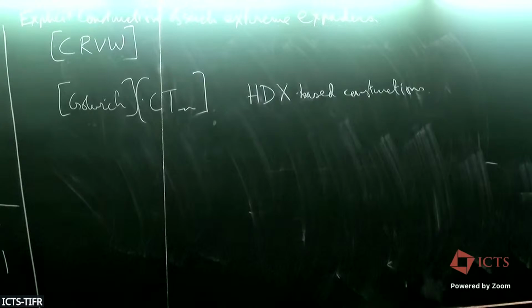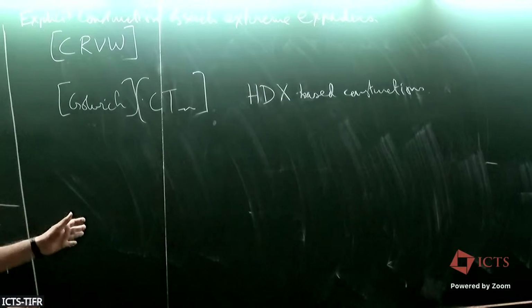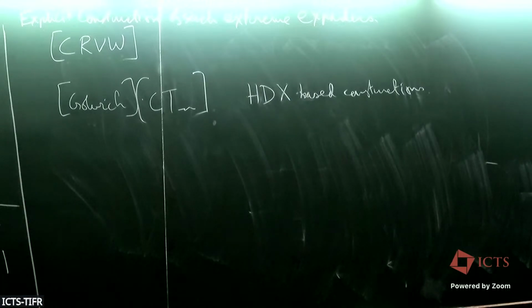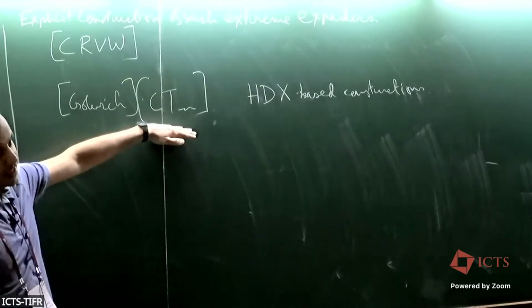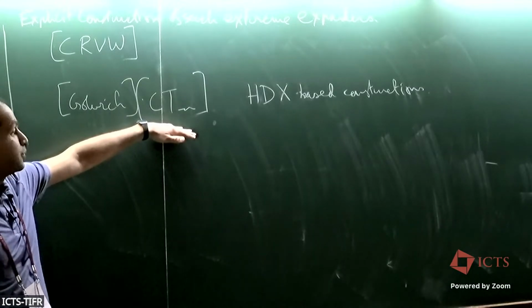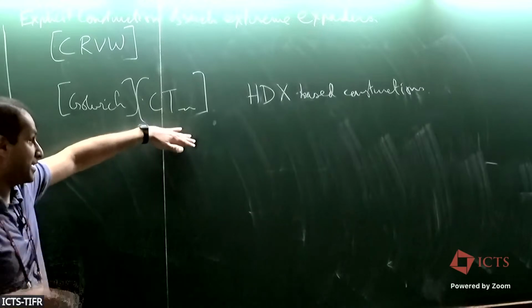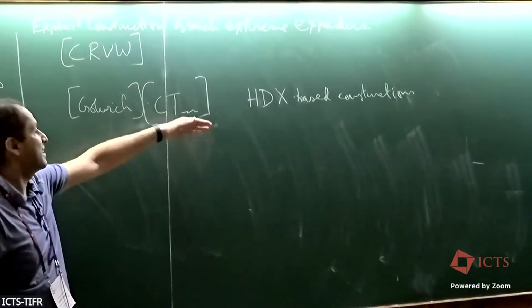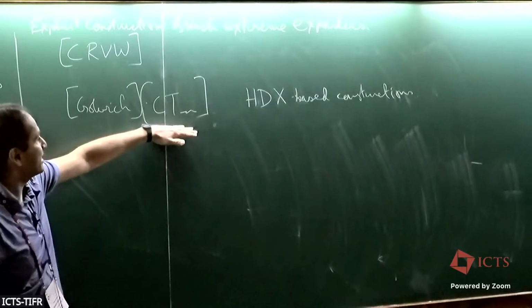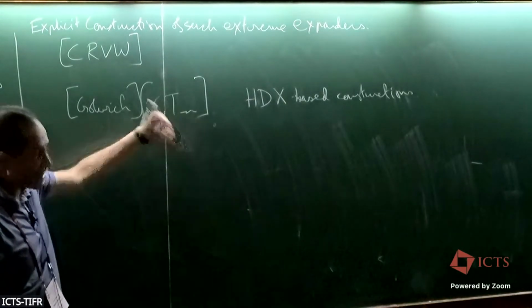They use HDXs, which are spectral things, to construct this kind of combinatorial expansion. This kind of combinatorial expansion is not implied by anything spectral about expanders, but apparently, after you read these papers, using the spectral properties of HDX expanders, which we don't even know what they are at this point in the week, one can do it.